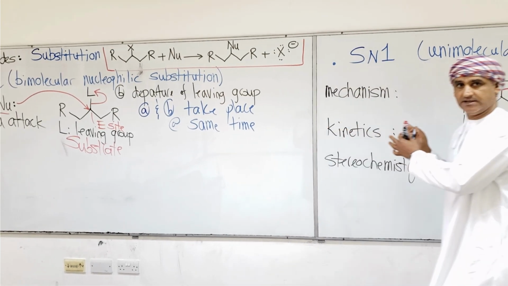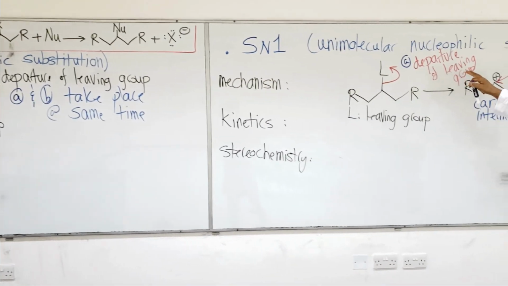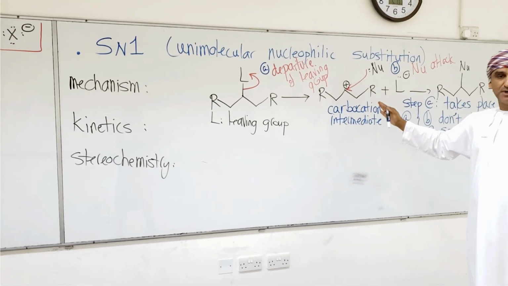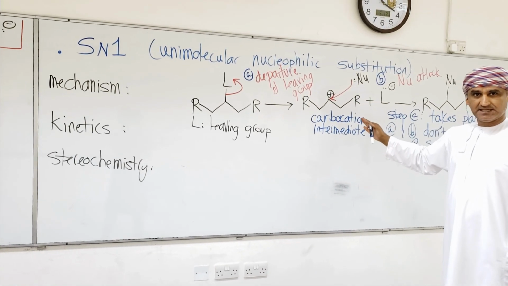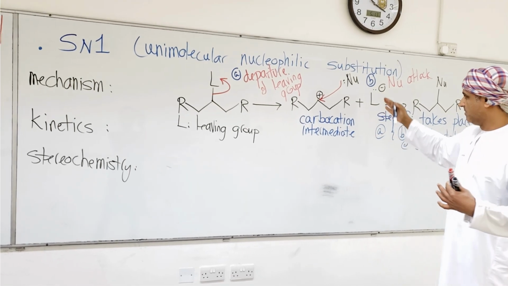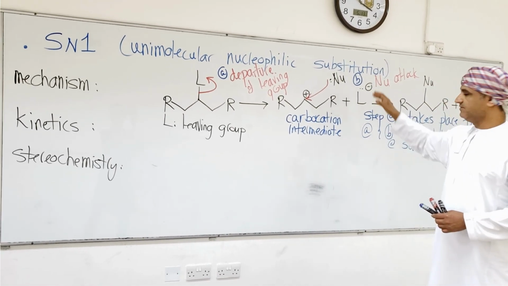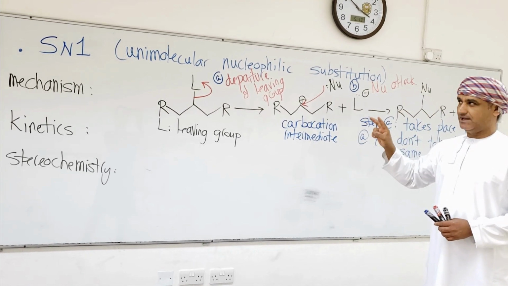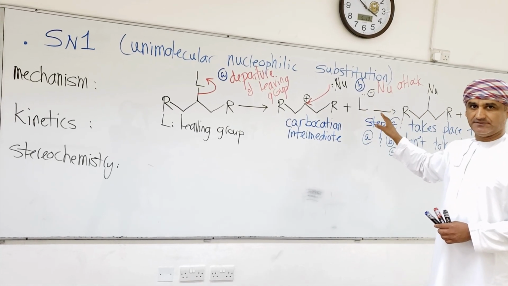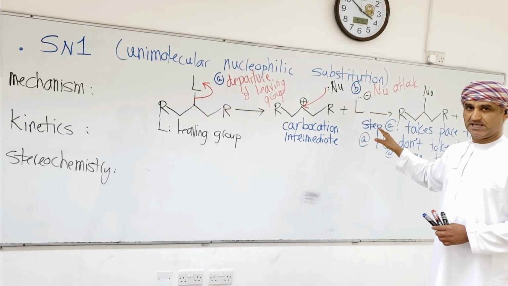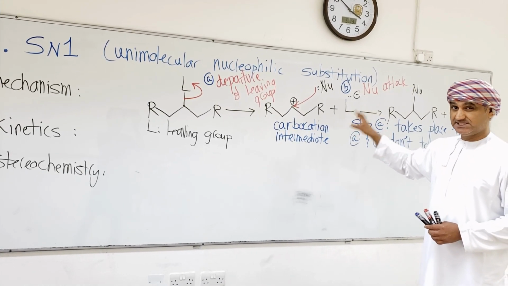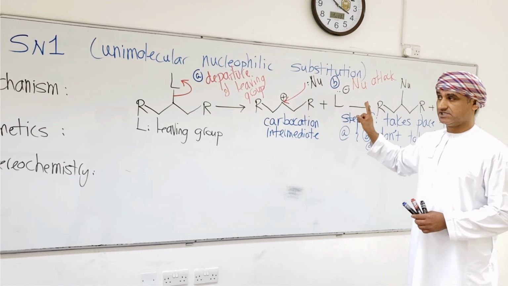In SN1, the departure of the leaving group takes place first to make a carbocation intermediate, which would then be attacked by the nucleophile in the nucleophilic attack step. So there are two steps. The two steps do not take place at the same time. So this substitution mechanism consists of two steps.